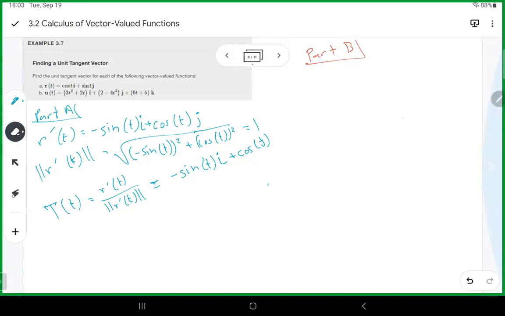That's kind of impressive for me. Took my dyslexia to a whole new level there. So then that gives us an answer of negative sine.